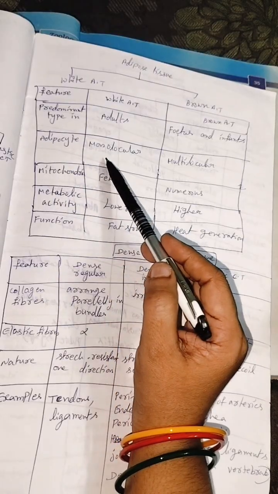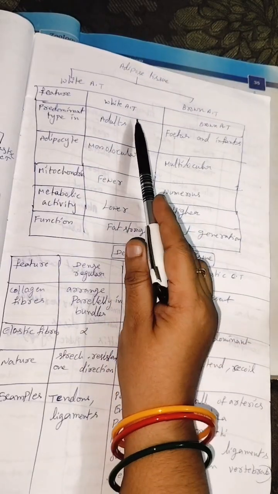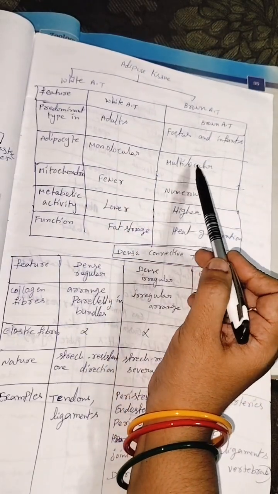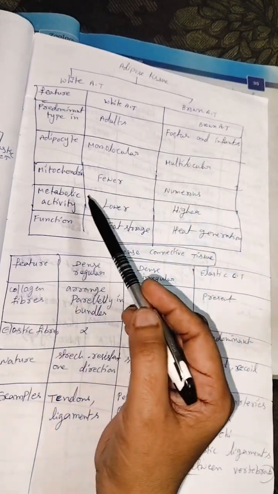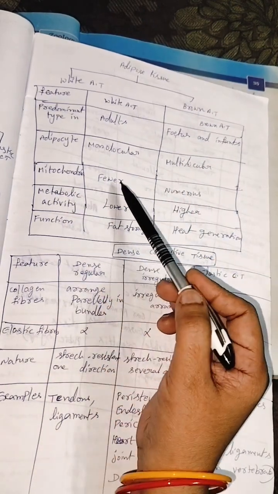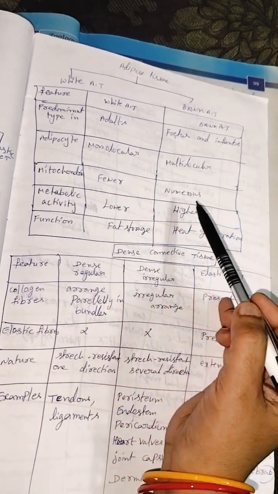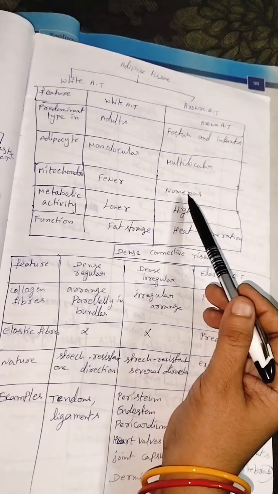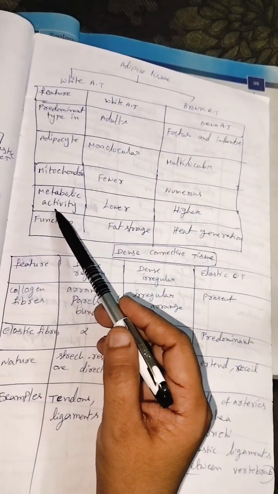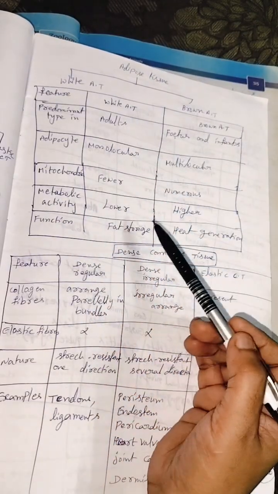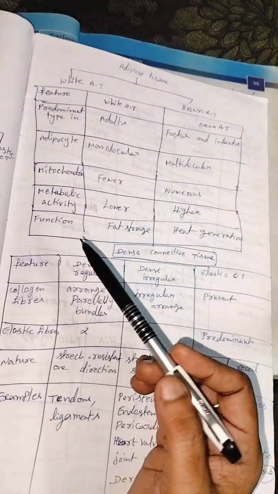Adipocytes are unilocular in white and multilocular in brown. Mitochondria are fewer in white and numerous, meaning many, in brown. Metabolic activity is lower in white and higher in brown.